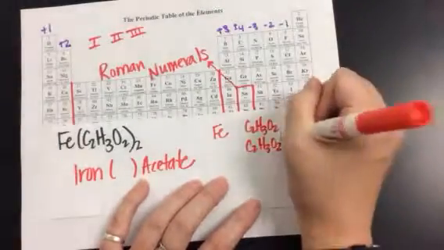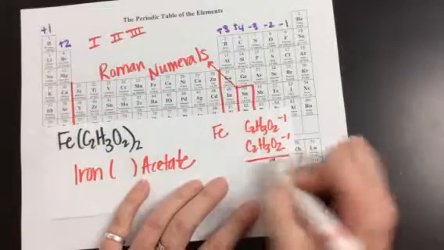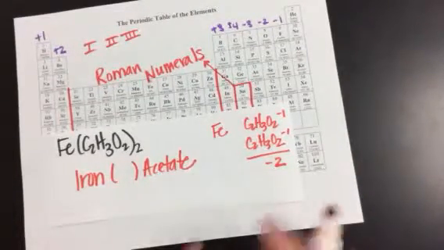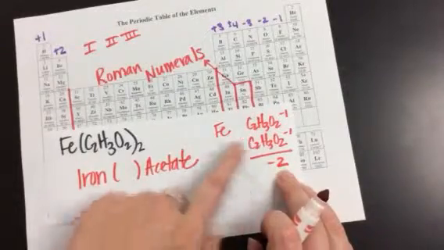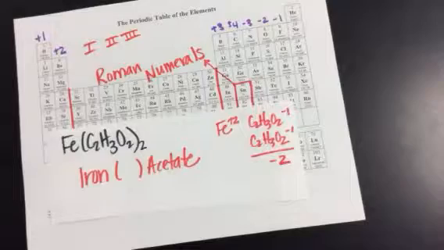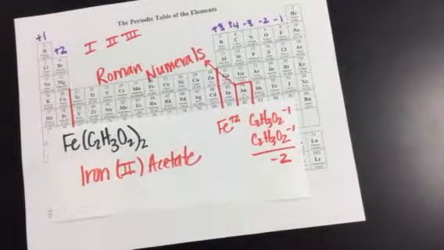Each acetate has a -1 charge. So that means total with my anions, I have a -2 charge total. If I have a -2 charge total on this side, this one has to be +2 to equal 0. So that means that I have iron 2 acetate.